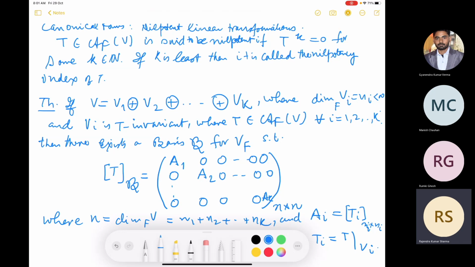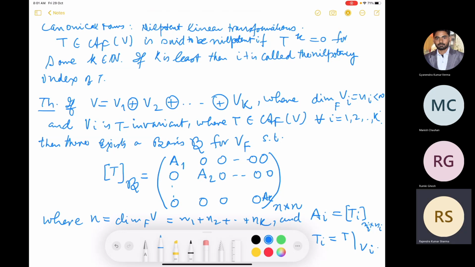We also proved that it satisfies a polynomial of degree n, and this polynomial was x minus lambda 1 times x minus lambda 2 and so on, x minus lambda n, such that these lambdas are characteristic roots.